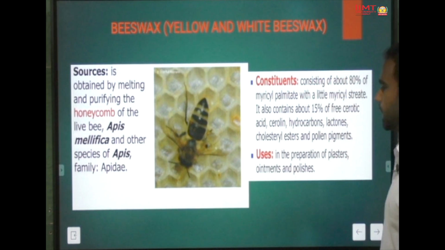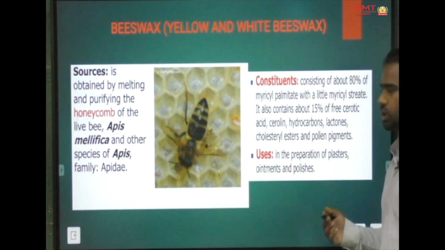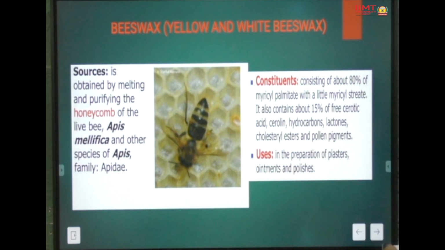Here the main constituents of beeswax are fatty acids: about 80% myricyl palmitate with a little myricyl acetate, and it also contains about 50% free cerotic acid, cerolein, hydrocarbons, lactones or cholesterol esters, and pollen pigments as major constituents of beeswax.